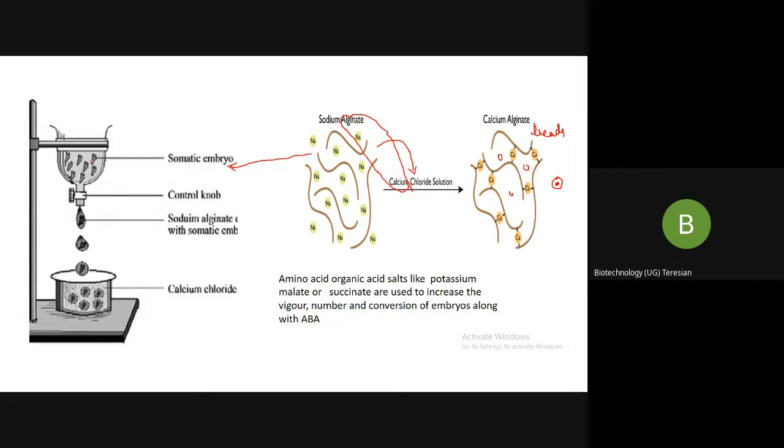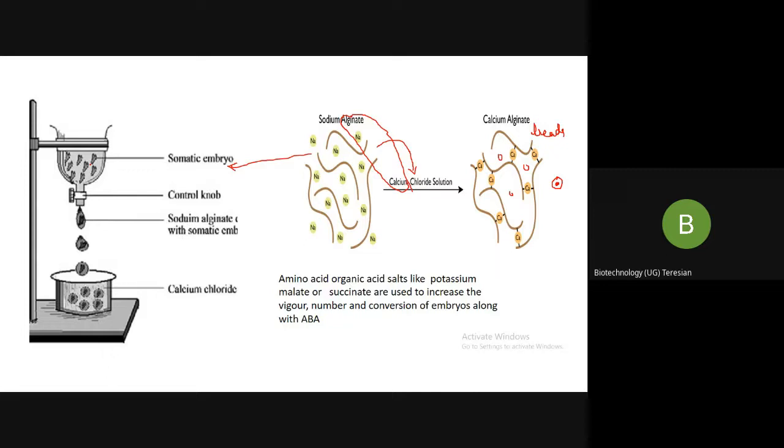You have developed your embryo, like in the last class, using 2,4-D, cytokinin, abscisic acid, sucrose. You all studied it that way. Then induction, maturation, germination, development, all these stages occur. That is how somatic embryos are produced.